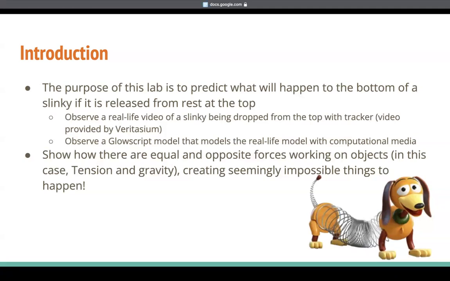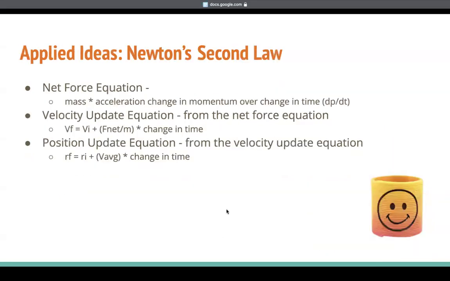In the end, we're going to be seeing how there are equal and opposite forces working on objects, which creates some seemingly impossible things to happen, like almost magic. Some of the applied ideas inside of this physics problem is the net force equation, where mass times acceleration equals a change in momentum over time, which translates to the velocity update and position update equations, as shown.